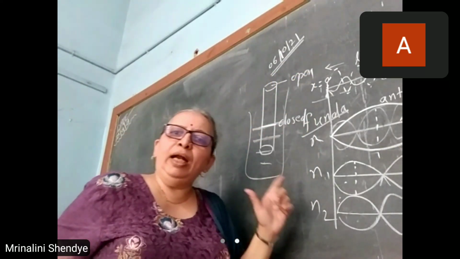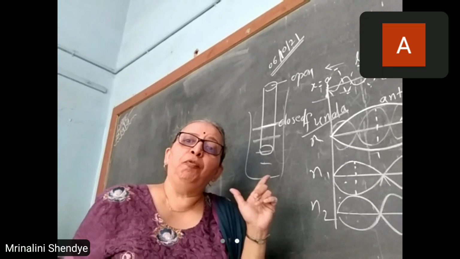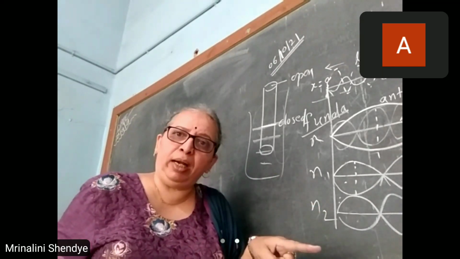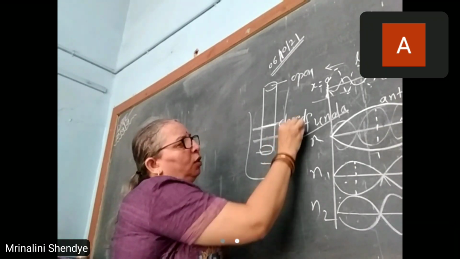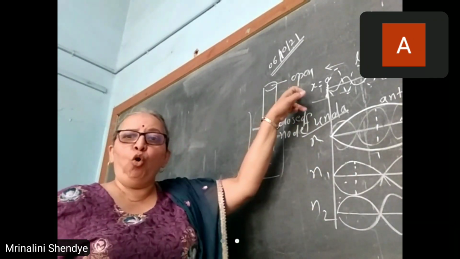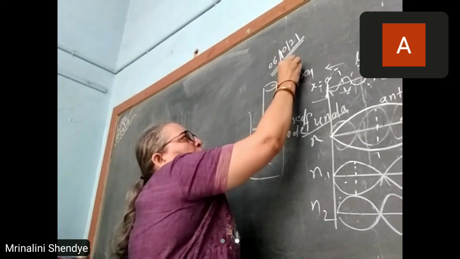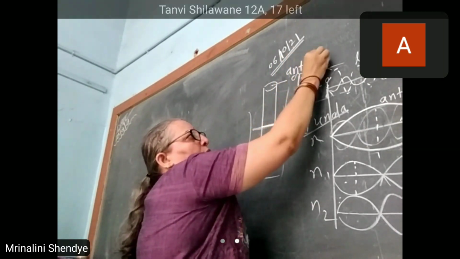So the air column should vibrate satisfying boundary conditions, and at the closed end there should be formation of a node, and at the open end there should be formation of an antinode.